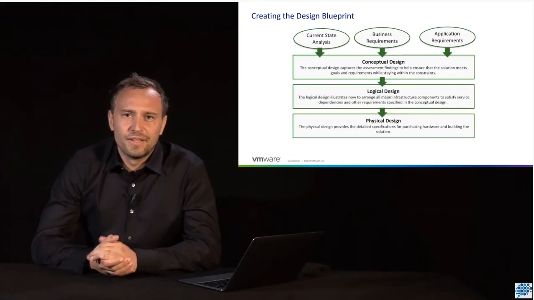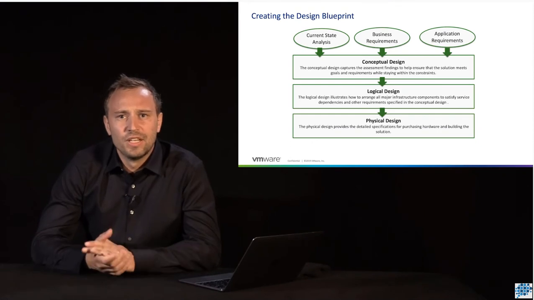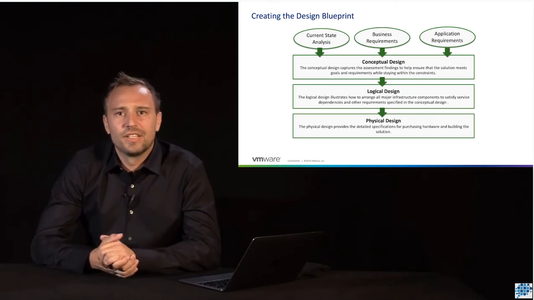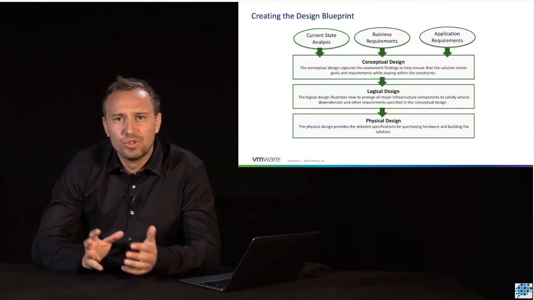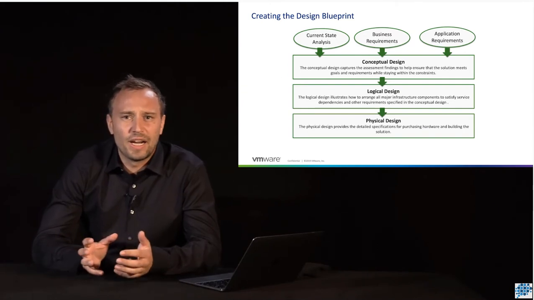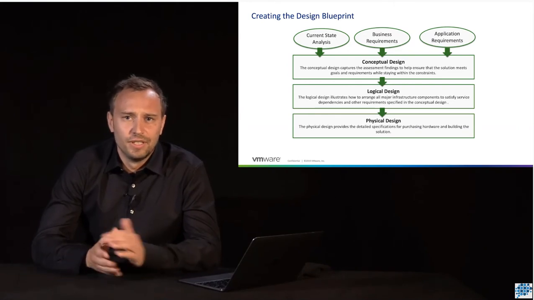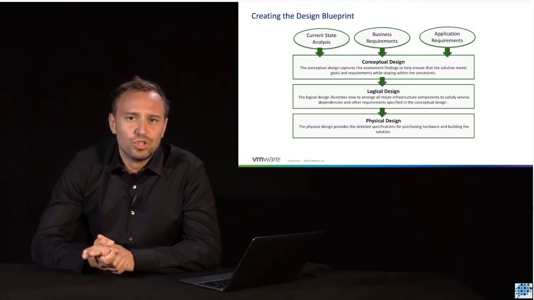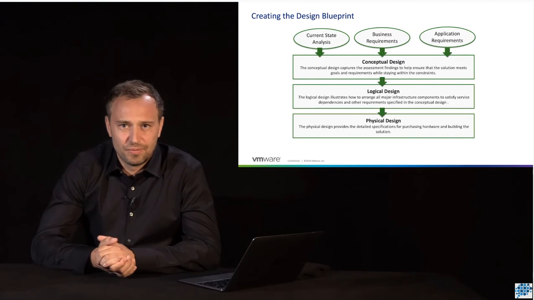Once we have gathered all of that information and created what we call the conceptual design, we can move on and add technological design decisions and solutions to it. That's what we call the logical design. We talk about which components we use, which design decisions we make on a high level to figure out which components are interacting with each other. So the logical design gives us feedback about how the solution should look in the end from a higher perspective.